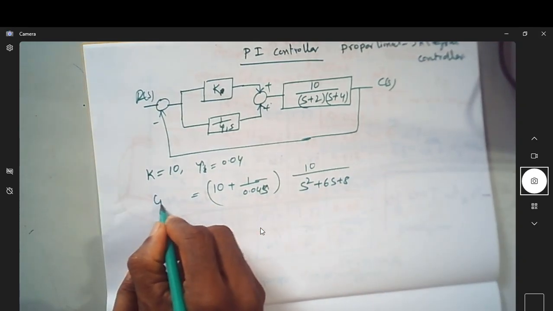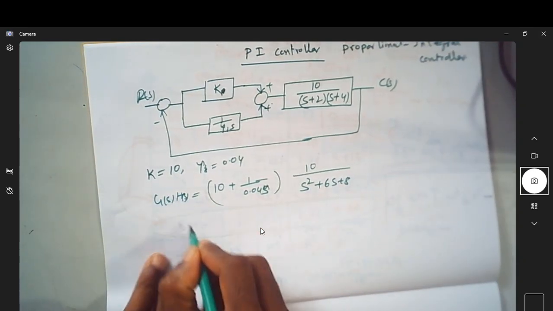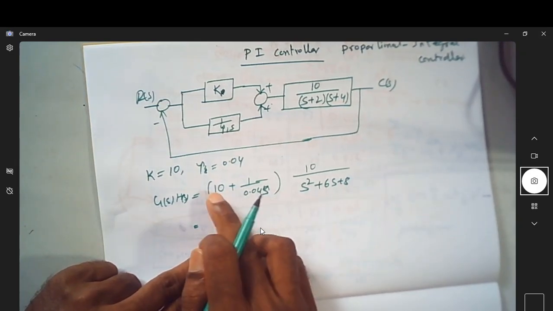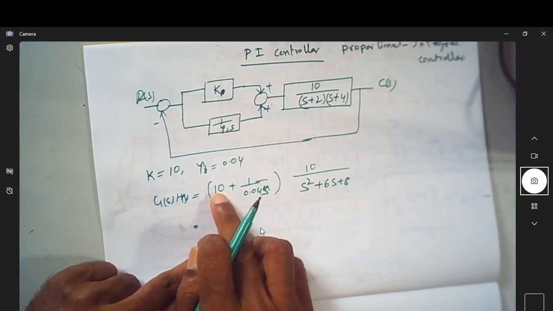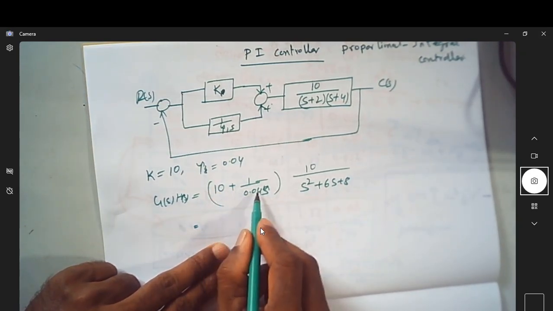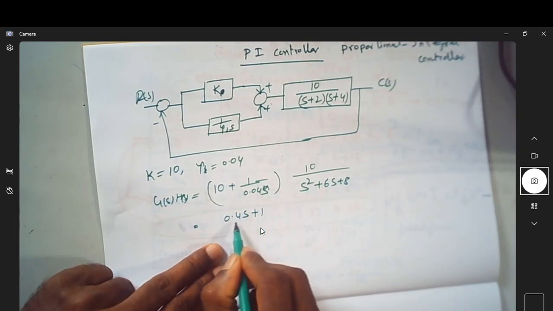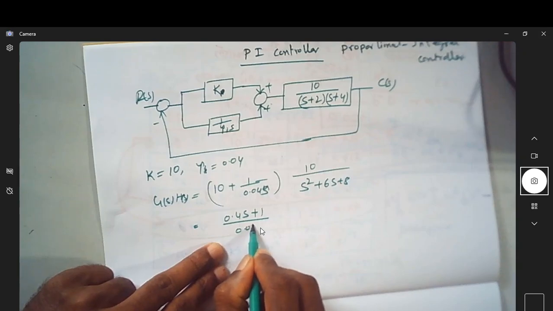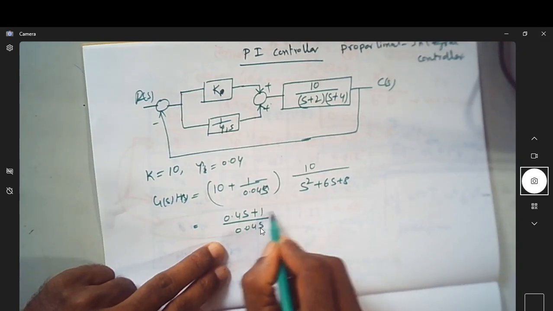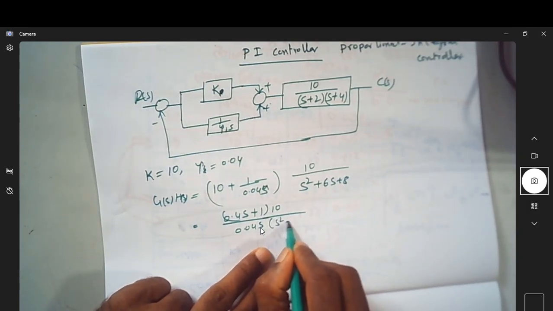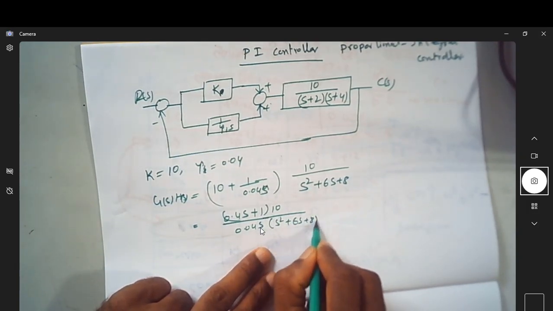This is my g of s into h of s, which I can simplify and write as 0.4s plus 1 divided by 0.04, yes, into 10 is there, and this will become s square plus 6s plus 8.